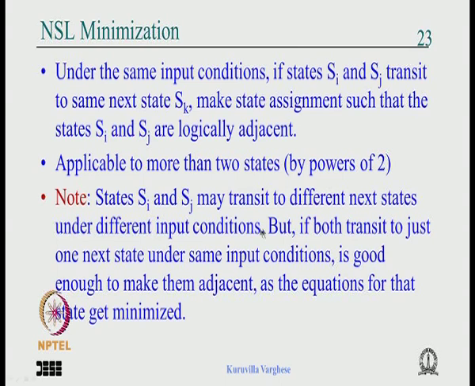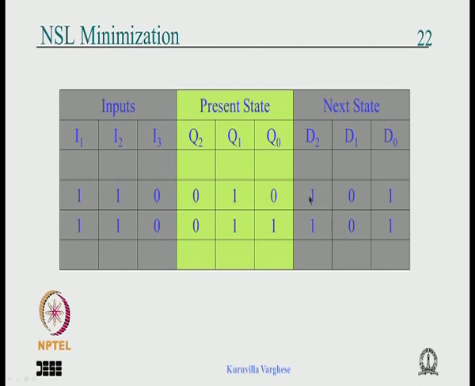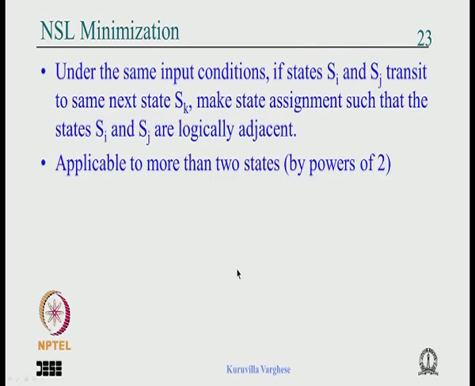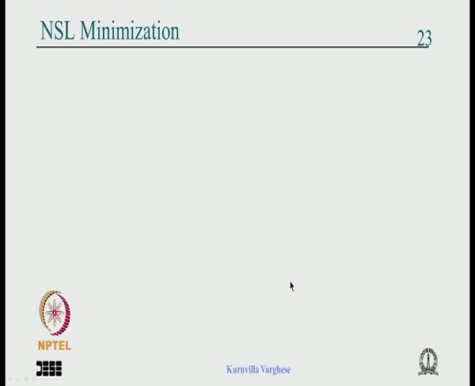Even if you can catch on just one bit, say you can't get a solution across all bits but only for D2, if you make it adjacent that is useful, because at least there will be a reduction in the next state logic for D2.